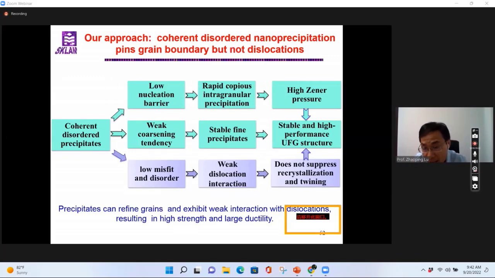Then they can provide higher pinning pressure due to their weak constituent dependency. The structure is stable. They have a low relative misfit with the matrix, and they are disordered, so they have weak interaction with the dislocation, and so we can pin grain boundary movement, but not pin the dislocation movement. That's the key here.